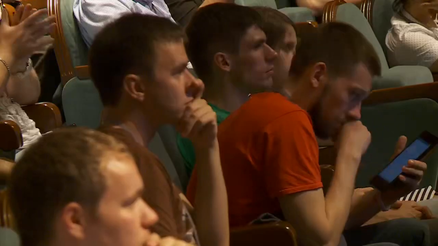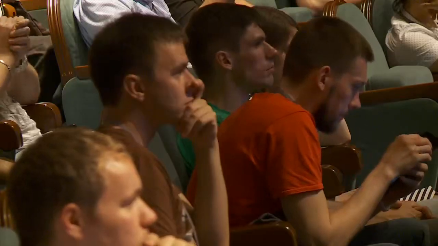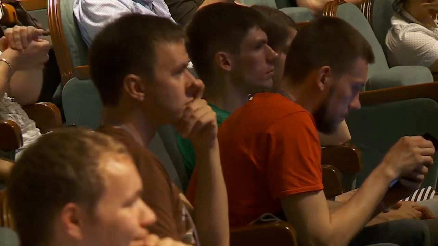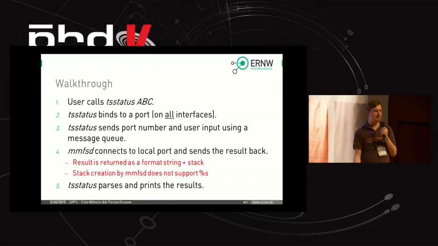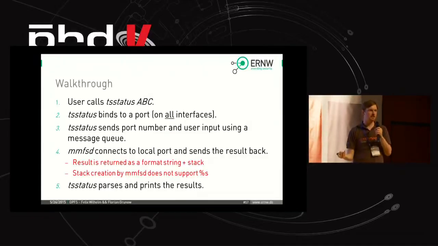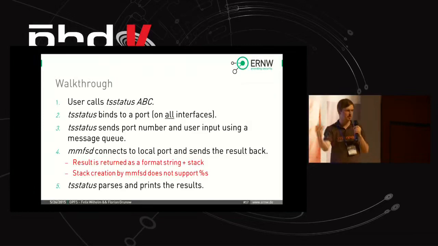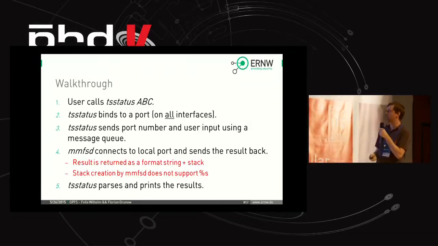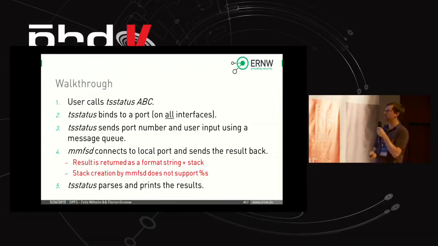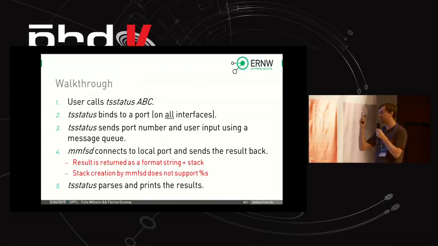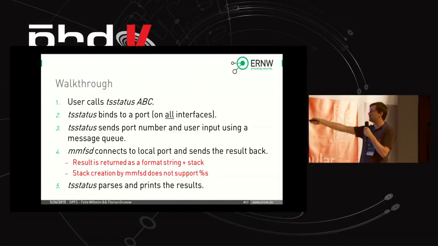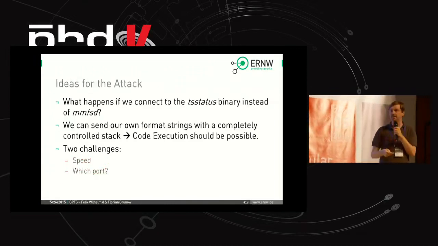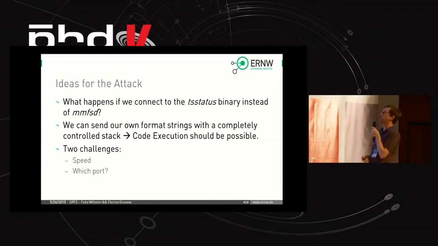And because this stack creation does not support %s, this is what actually crashed the MMFSD, because they did not implement the %s identifier, and that's why it simply crashes. Okay, so this was the reason why MMFSD is crashing. But keep in mind, what is happening right here is that the MMFSD is sending a format string and the corresponding stack over the network.